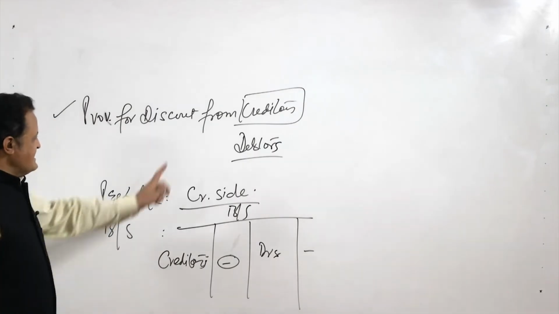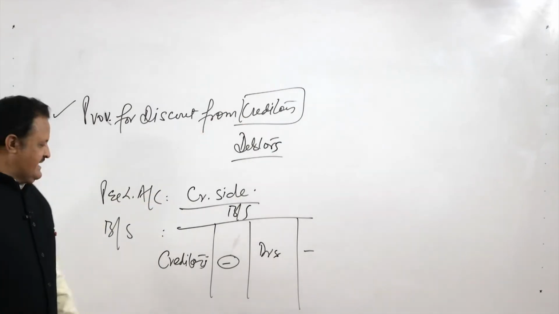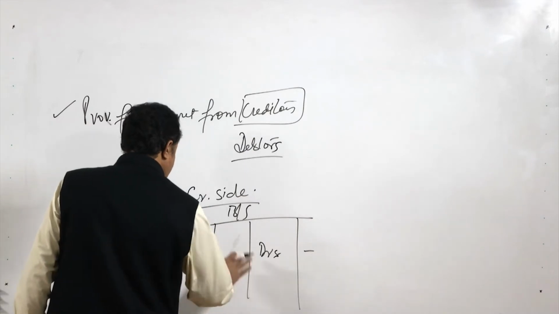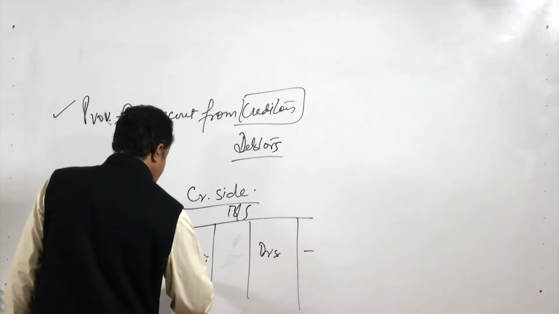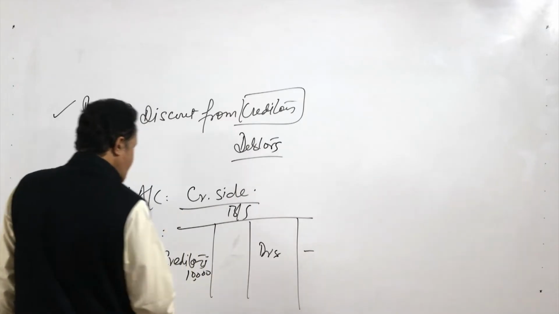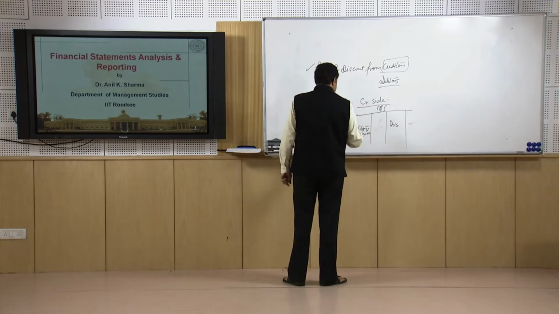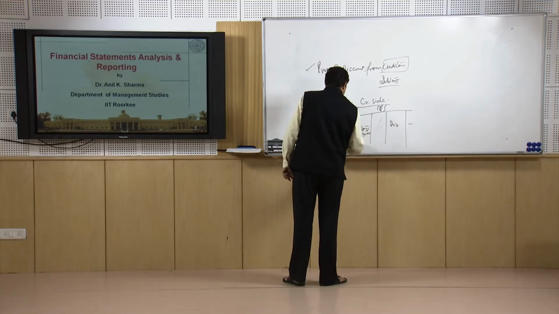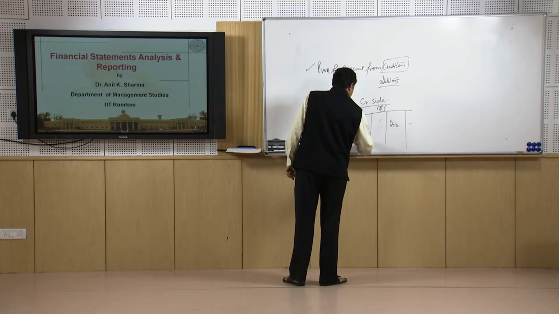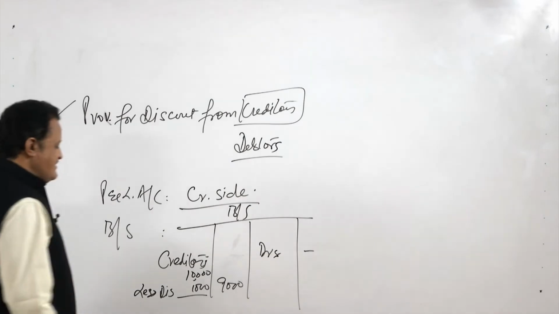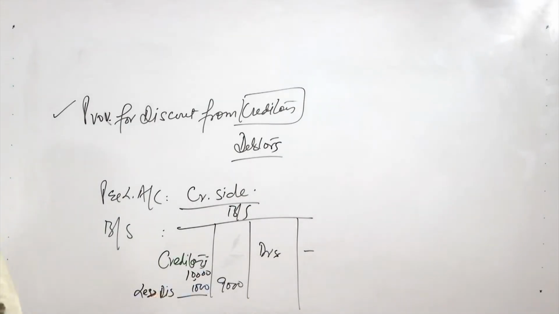Now, when we are expecting to have some discount from the creditors, what we will do is take the total amount of the creditors given to us in the trial balance, say 10,000, put it in the inner column, and then adjust it. We subtract the discount, which may be 1,000 rupees, so our creditors are left as 9,000 rupees.